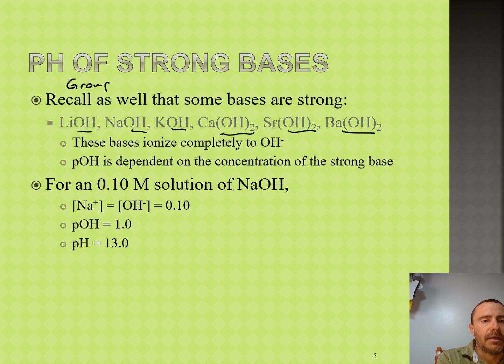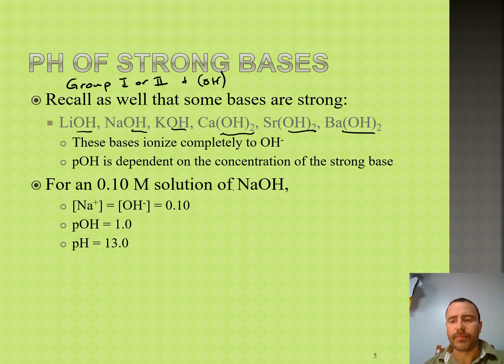They're going to be group 1 or 2 metals plus some hydroxides attached to them. Like lithium is a group 1 metal, and it's got a hydroxide. Calcium is a group 2 metal, and you've got it paired up with some hydroxide.